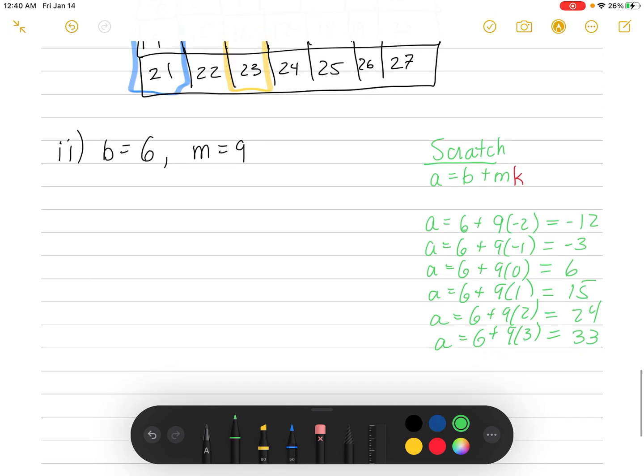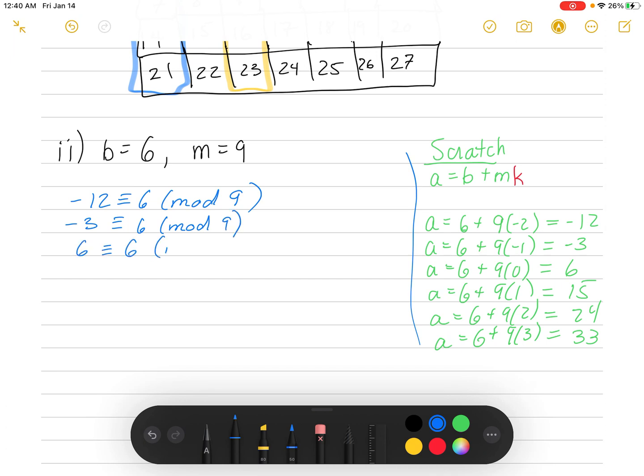Yeah, that's correct. So writing the actual answers here on the left side. That was scratch in green. On the left side, I'm going to write my real answer. Negative 12 is congruent to 6 mod 9. Negative 3 is congruent to 6 mod 9. 6 is congruent to itself mod 9, that's always a given. 15 is congruent to 6 mod 9. 24 is congruent to 6 mod 9.